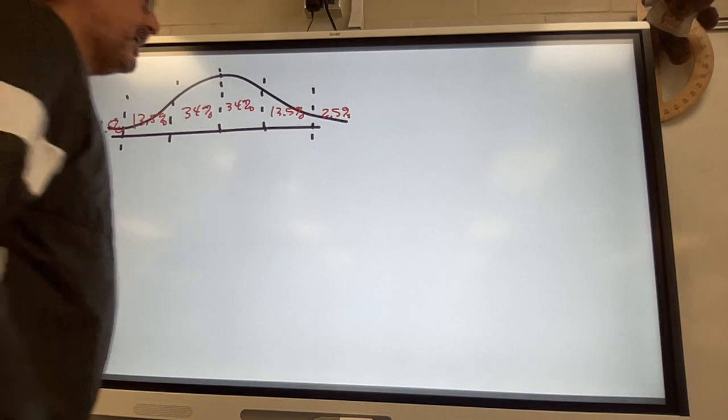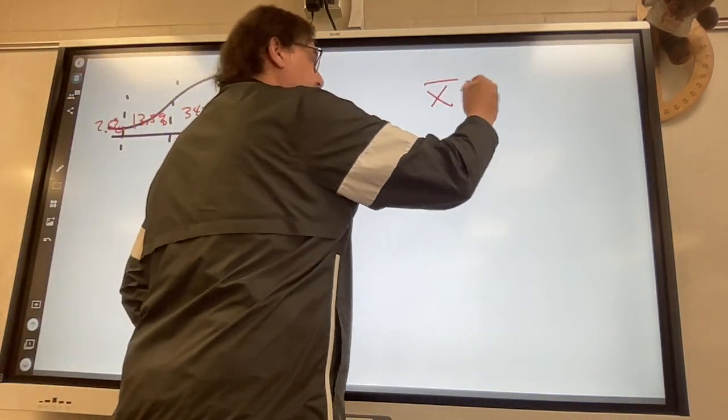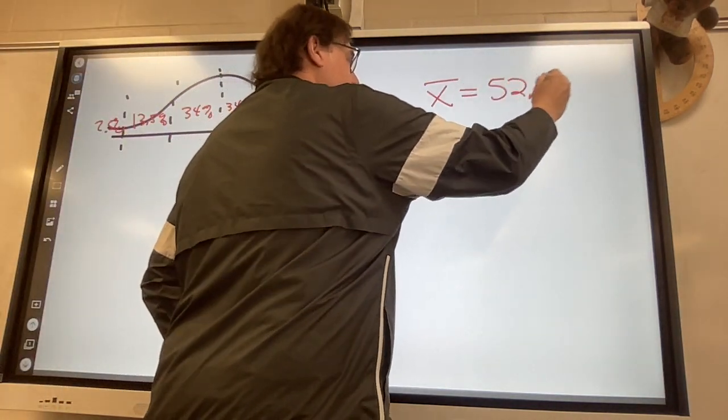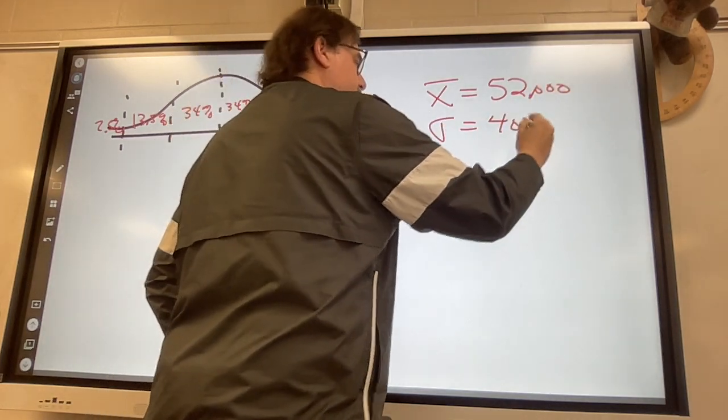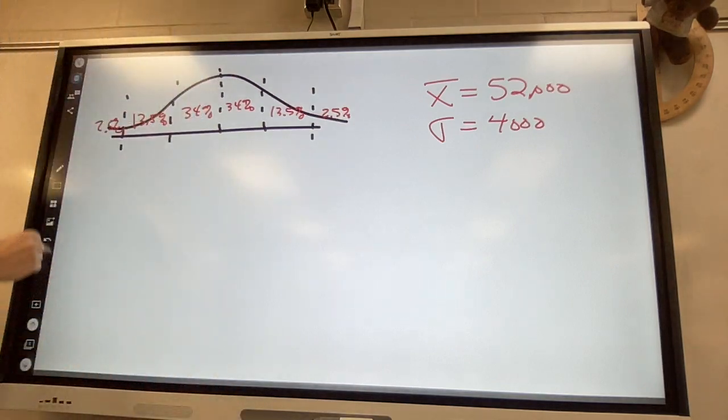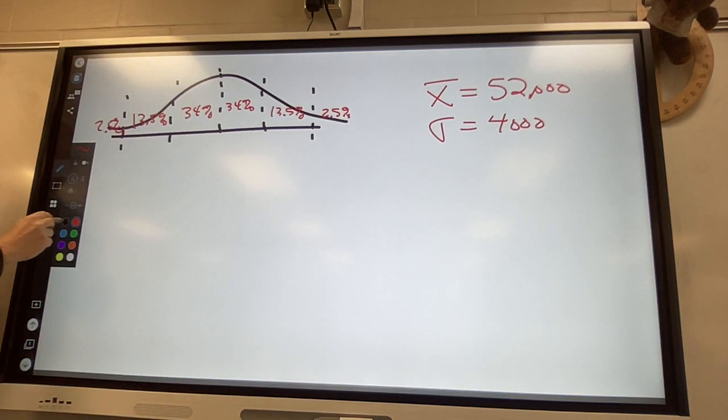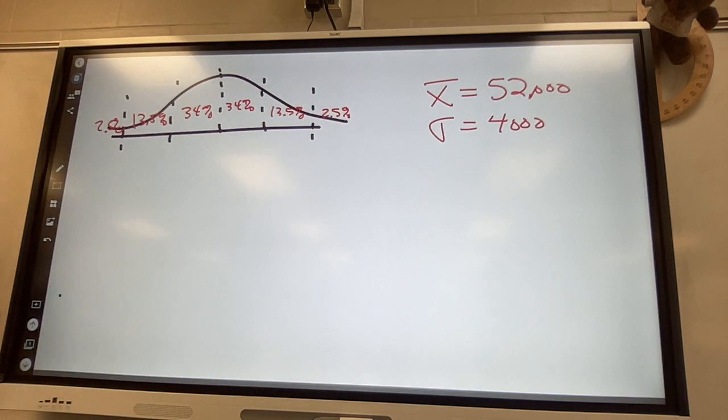All right, a certain tire has a mean tire life of 52,000 miles, a standard deviation of 4,000 miles. Tires are made of rubber. Rubber is not absolutely 100% consistent. Plus, the manufacturing process could go less stringent or more stringent as far as needing to make it perfect.